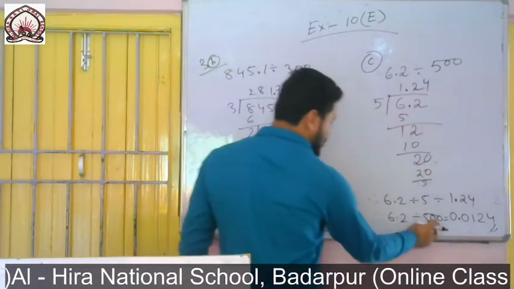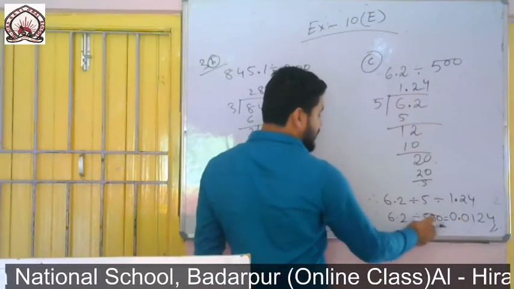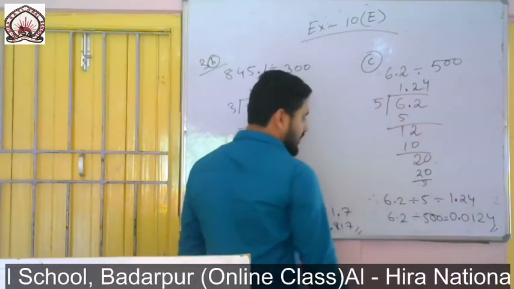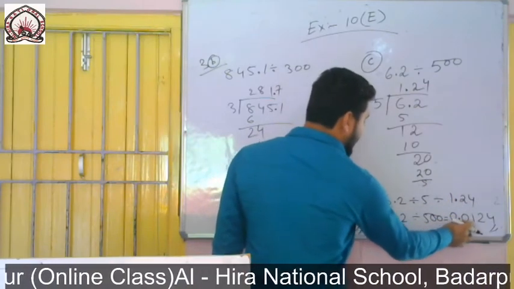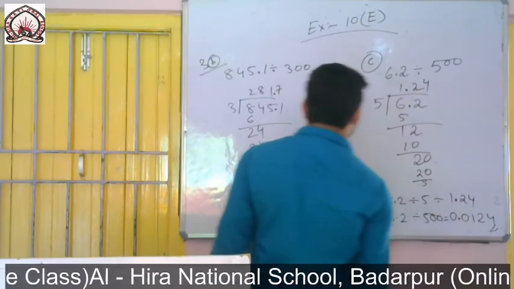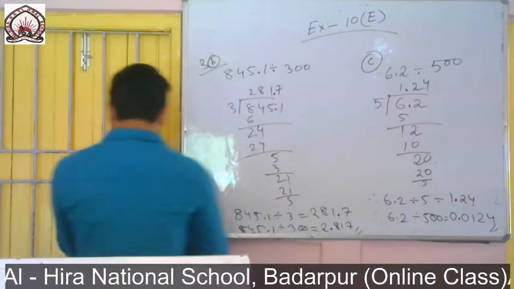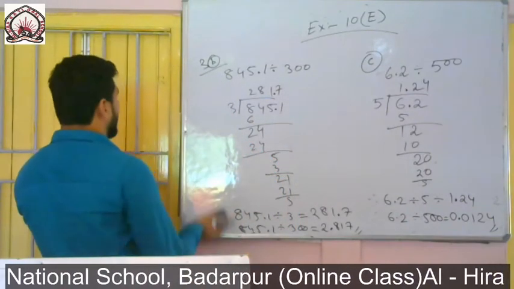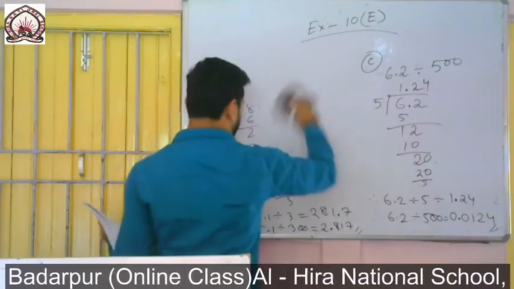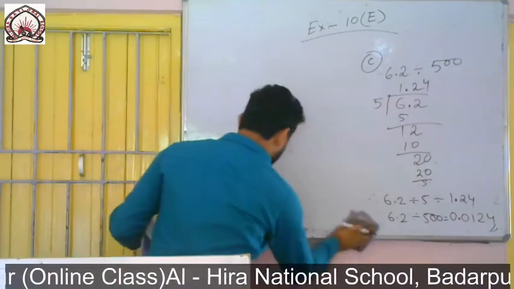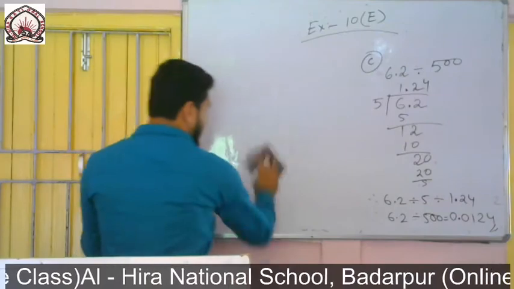Here you see 2 zeros are there, so the point will shift 2 places, here 1 place is there, so adding 0 will make it 2 places, so after that we will write point. And this is the last question for today, 3d.